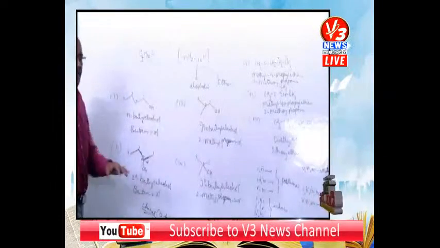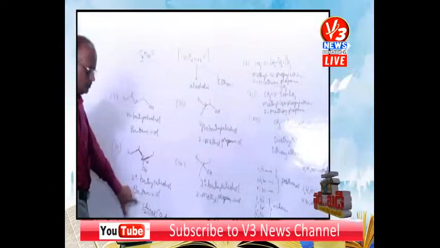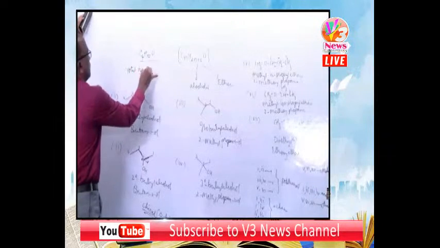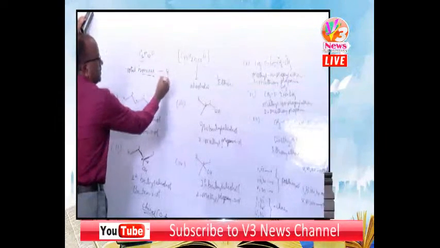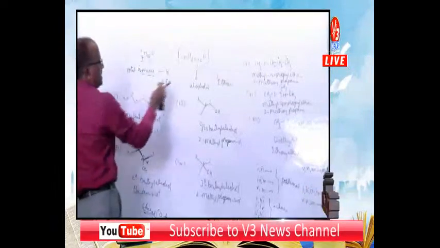If you include stereoisomers also, total number of isomers possible for this one is 8. Total isomers including structural isomers and stereoisomers.